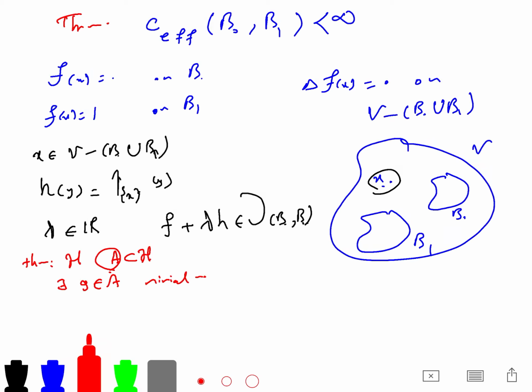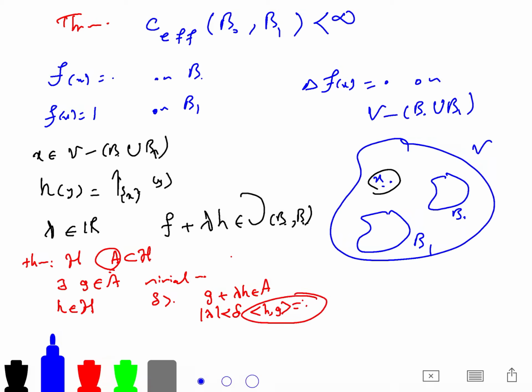Also, if h is a function in this Hilbert space, then there exists some delta such that g plus lambda h is in A for any lambda less than delta. And then we conclude that the inner product of h and g is 0.